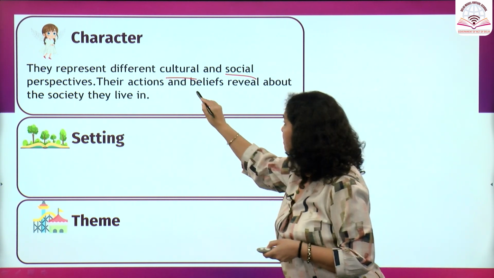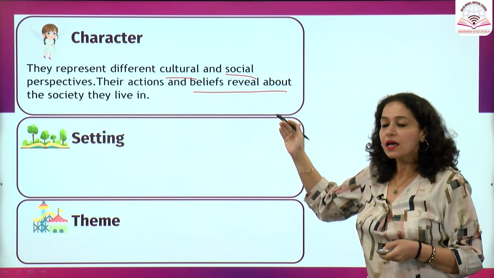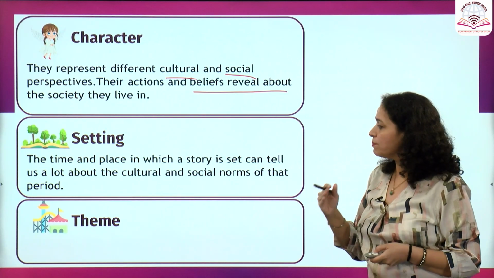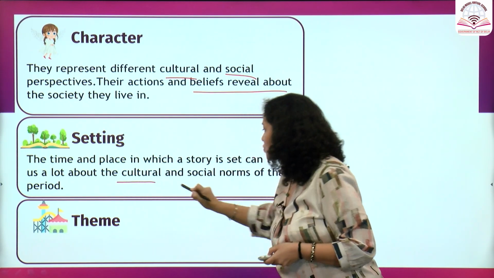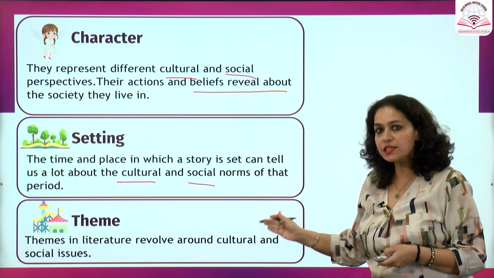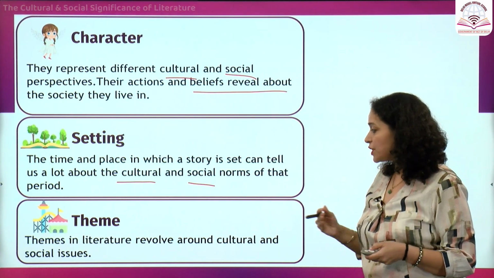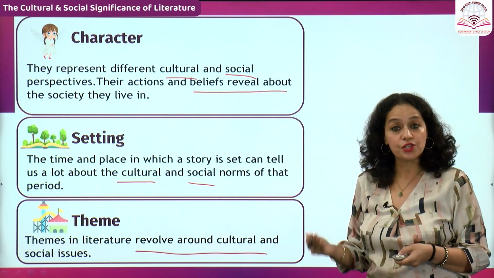Their actions and beliefs reveal the society they live in. Coming to setting, the time and place in which a story is set can tell us a lot about the cultural and social norms of that particular period. And yes, if we talk about themes, themes in literature often revolve around cultural and social issues.